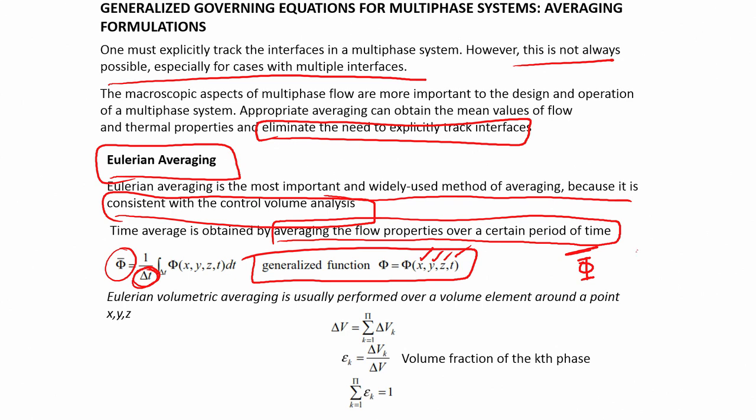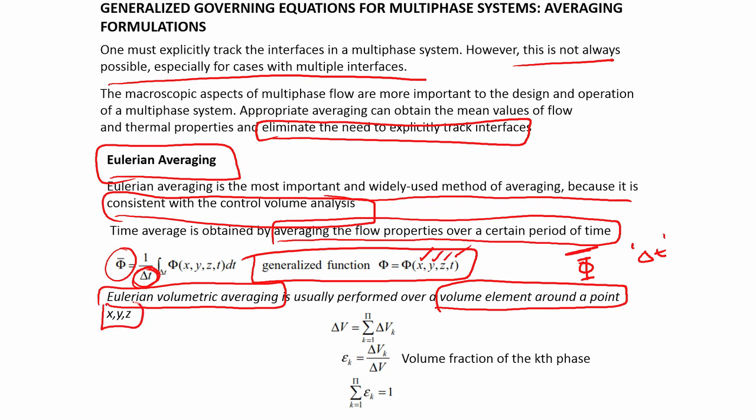If we talk about Eulerian volumetric averaging, on the other hand, it is usually performed over a volume element around a point x, y, z in space, and so it is performed across one such volume.